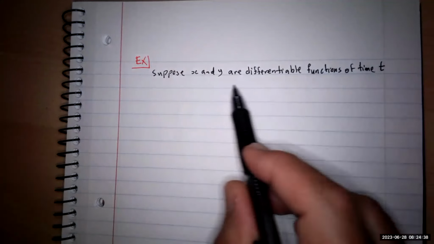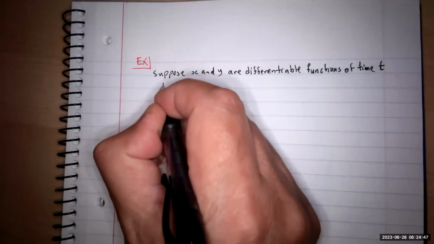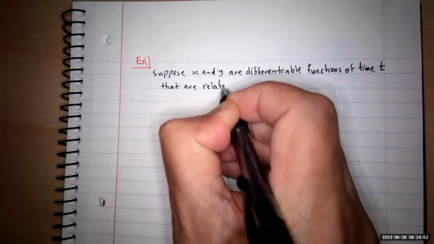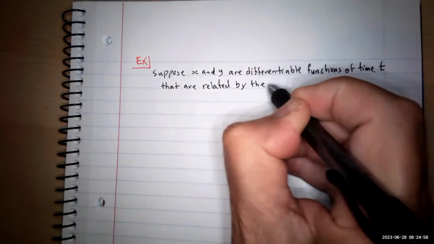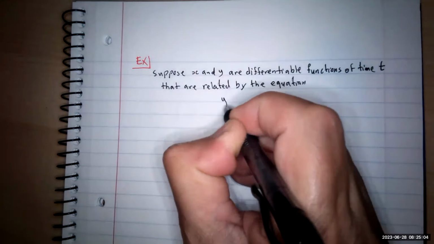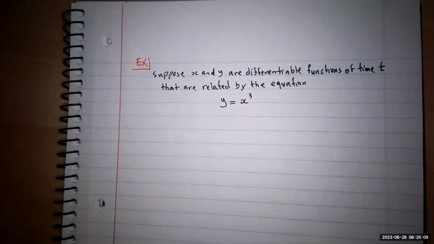Now you realize that this is a related rate problem, because x and y are differentiable functions of the time t and are related, if you like, by the following equation. They have to give you this relationship. The equation is simply y equals x cubed.